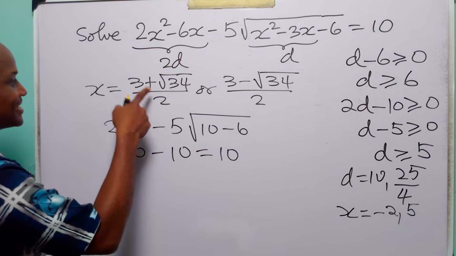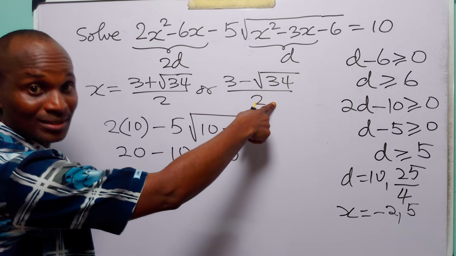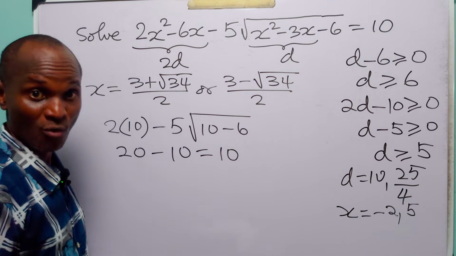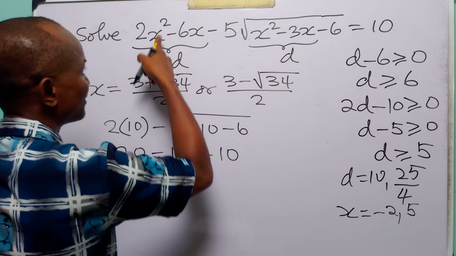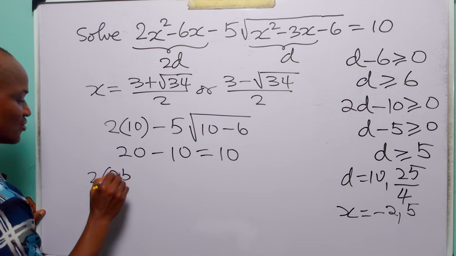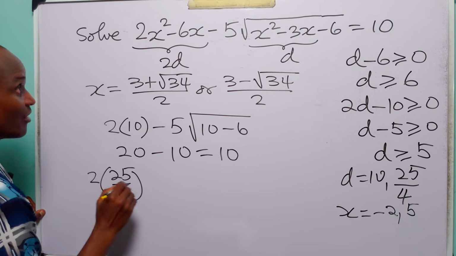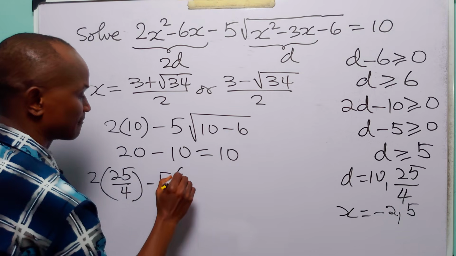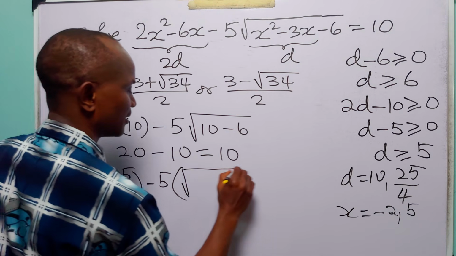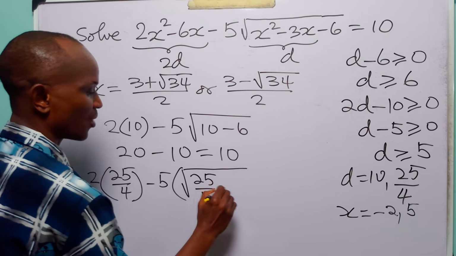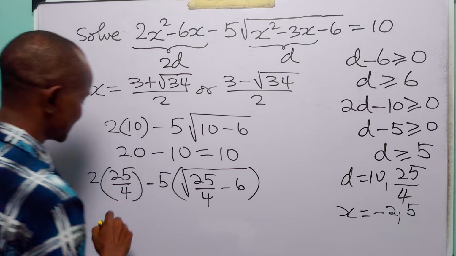And when x is equal to this or that, then d is going to be equal to 25 over 4. So in the original equation, we now have 2 times 25 over 4 minus 5 times the square root of 25 over 4 minus 6.